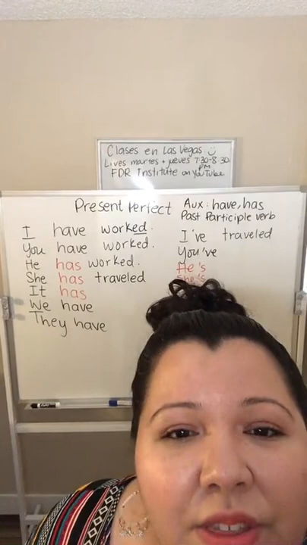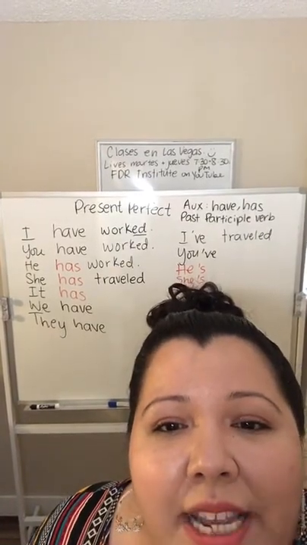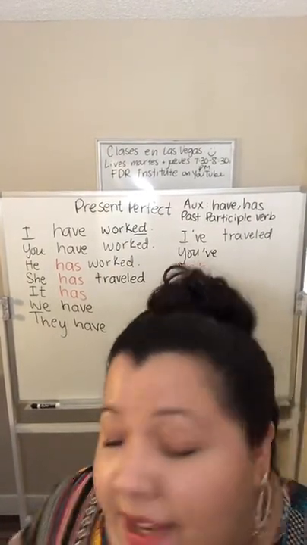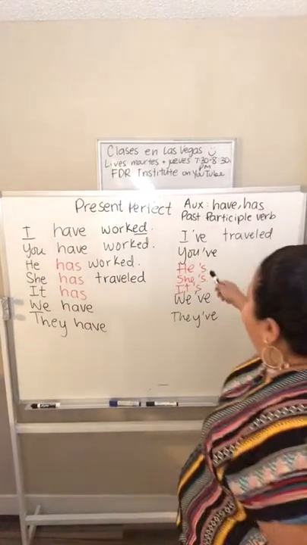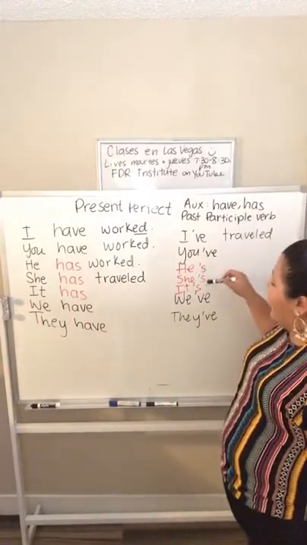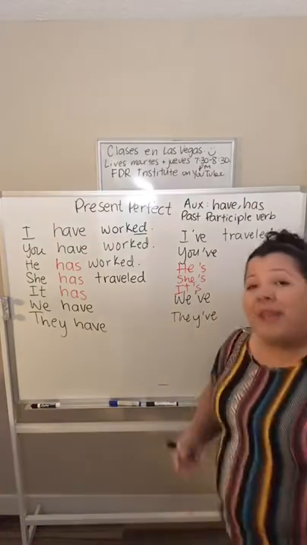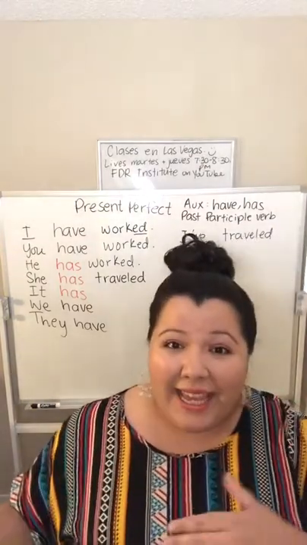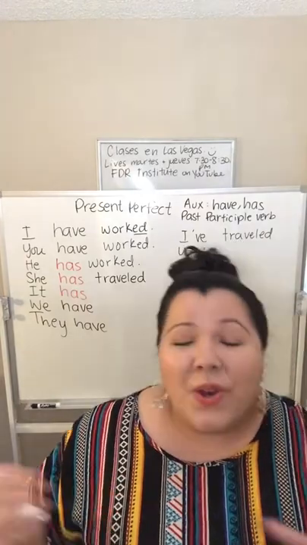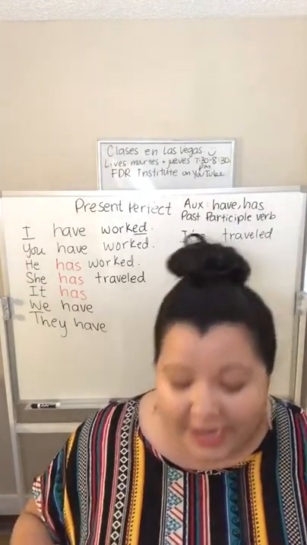Okay, user 383, ¿cómo diferenciamos she's de she is con she's de she has? Great question. Estas palabras, guys, he's and she's and it's, tienen dos usos. Puede ser he has o he is, she has o she is, it has o it is, ¿no?